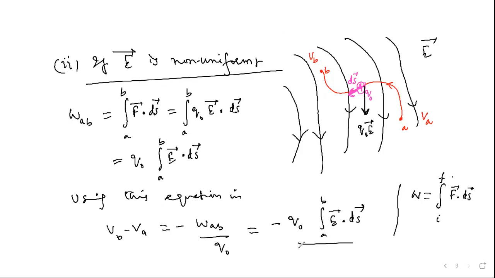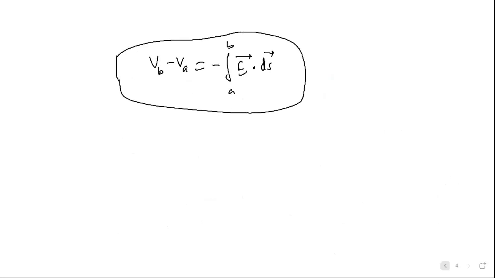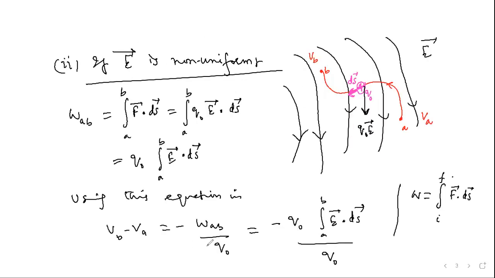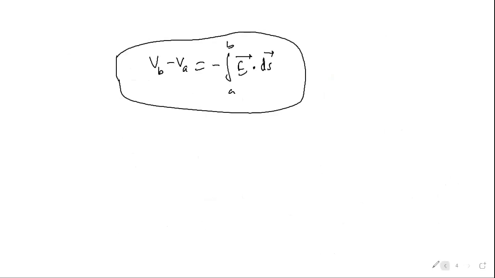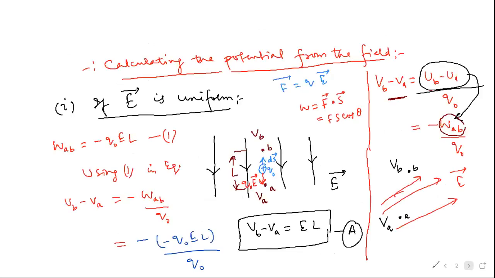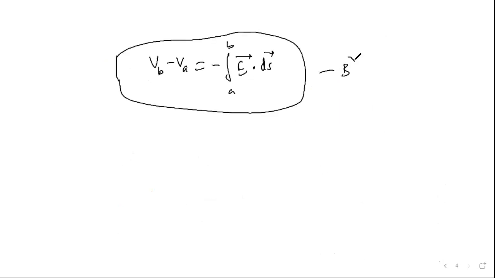Then there is Q naught downstairs. Q naught is cancelled out. What remains is VB minus VA is equal to minus the integral from A to B of E dot ds. I name it equation B. So this is my equation B.